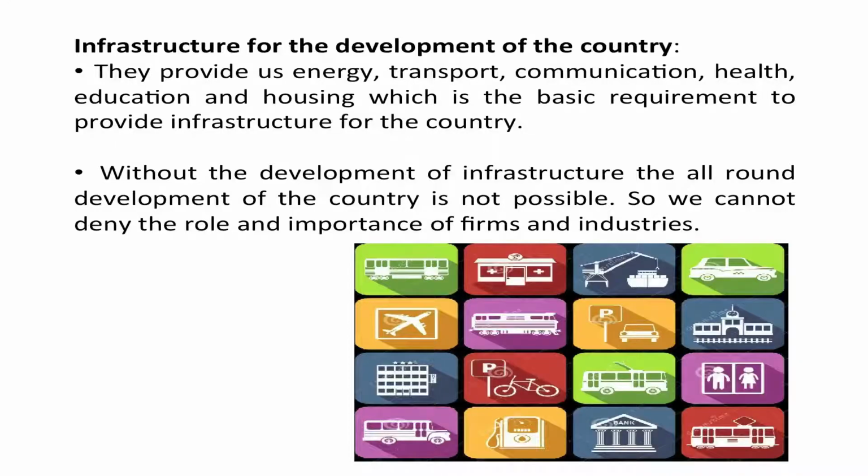Firms and industries also provide us with infrastructure, that is the facilities. They provide us energy, transport, communication, health, education and housing, which is the basic requirement. Without the development of infrastructure, the all-round development of the country is not possible. So, we cannot deny the role and importance of firms and industries.